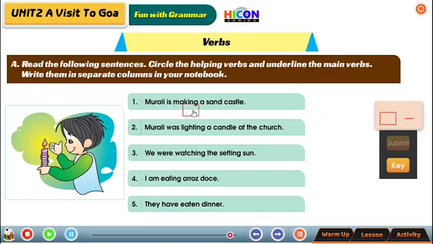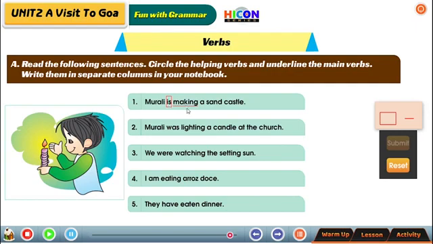So is I will put inside this box, and making I will underline. Right? So Murali is making a sand castle is a sentence. In that, is making is the verb part. In that, is is the helping verb and making is the main verb.